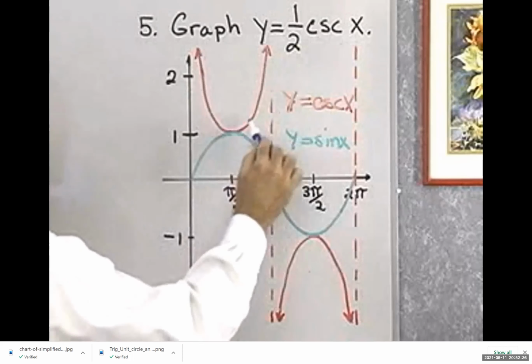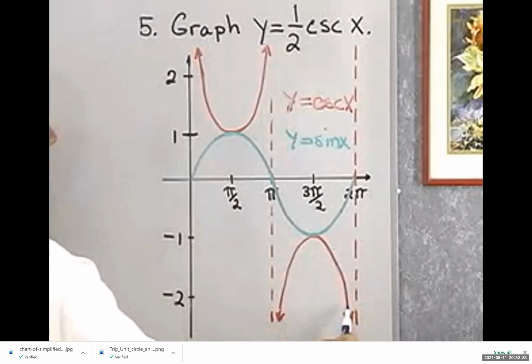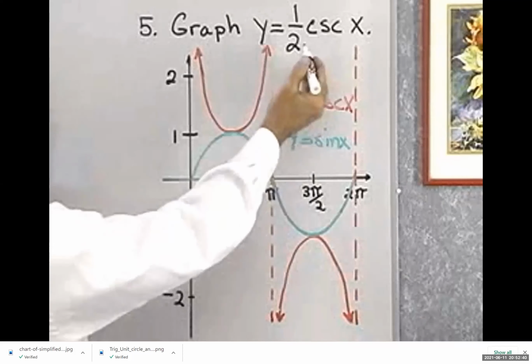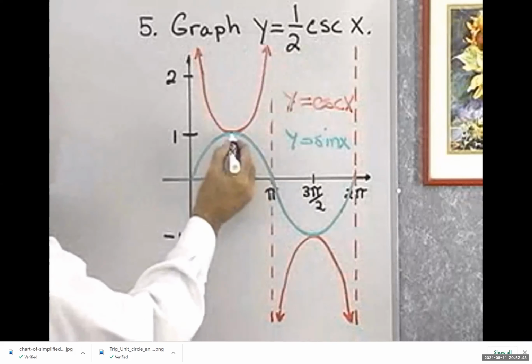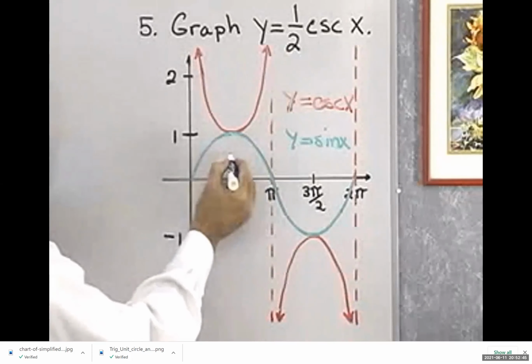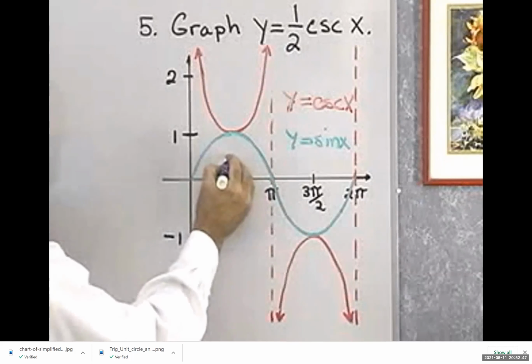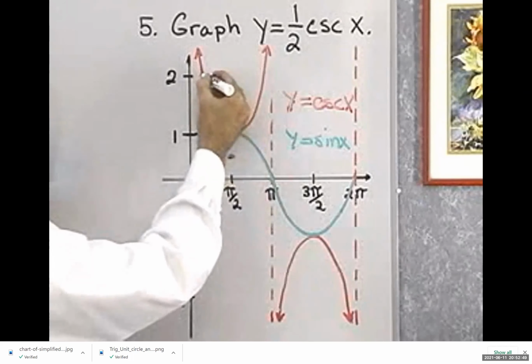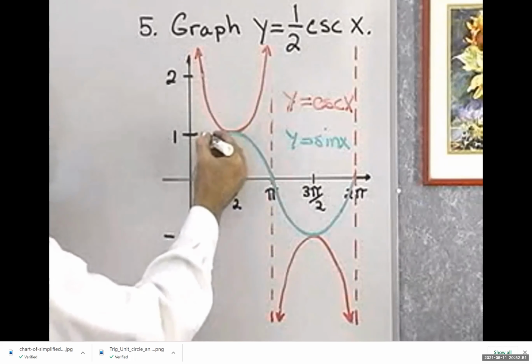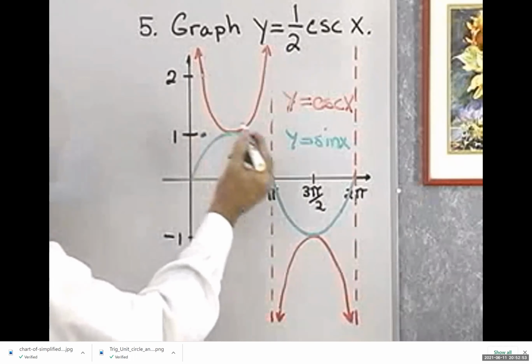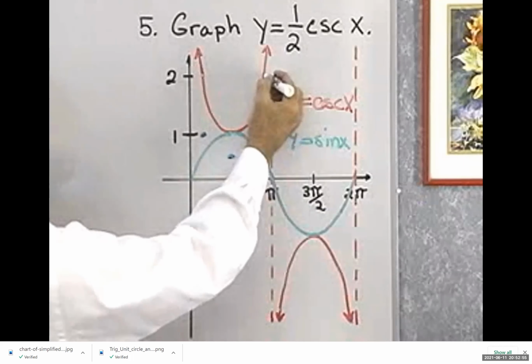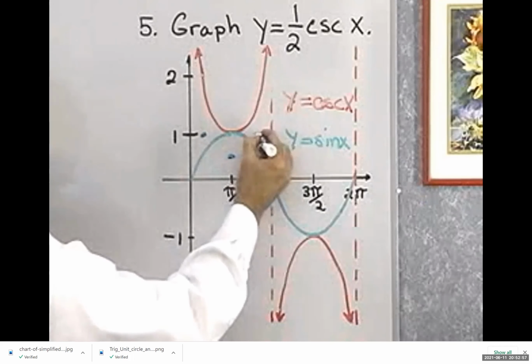So if I just look at my red graph here, and I take 1/2 of all these y values, I'll have the graph of 1/2 cosecant. So when y is equal to 1 right here, half of that is going to be 1/2. When y is equal to 2 up here, half of that is going to be 1.